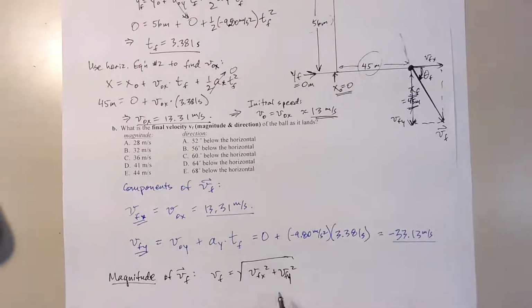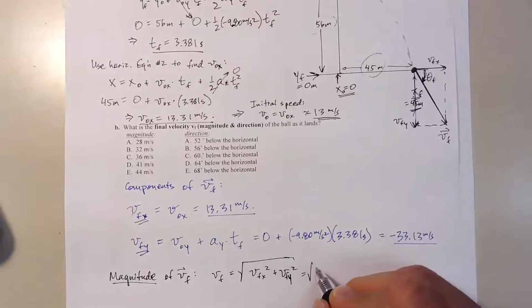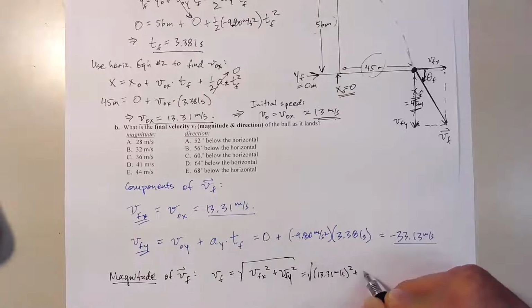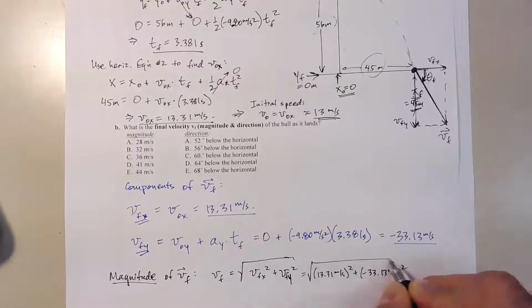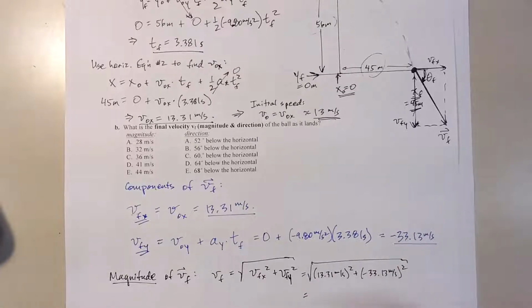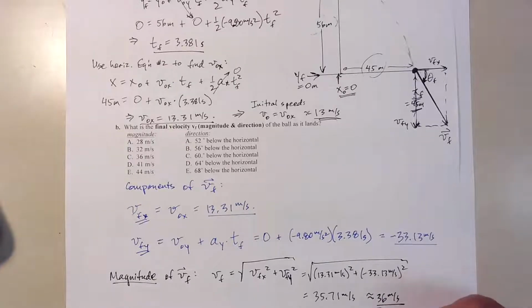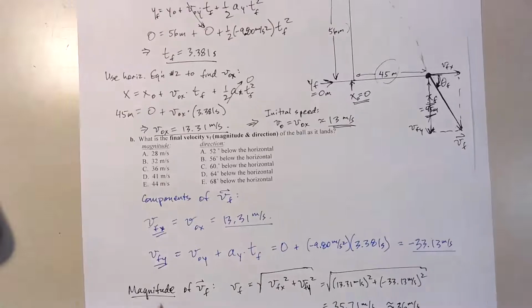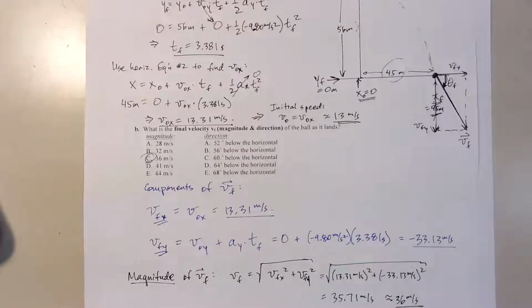The magnitude looks sort of like this Pythagorean formula. And I asked my calculator what that is, and it turns out to be about 35.71. And if I round all the way down to 2 sig figs, it comes out about 36. Okay. And then direction.